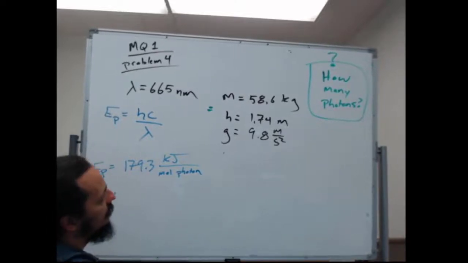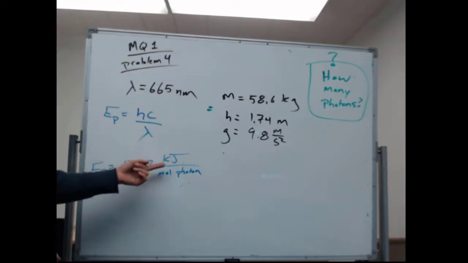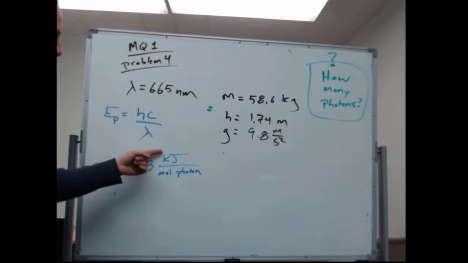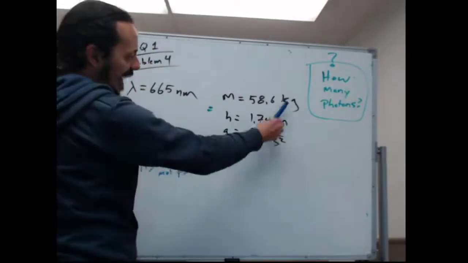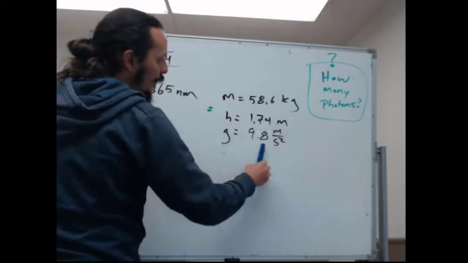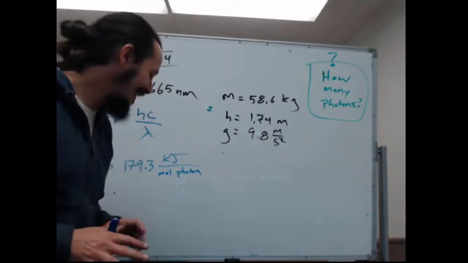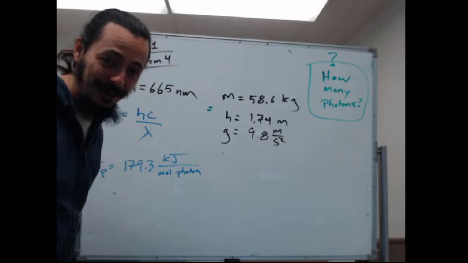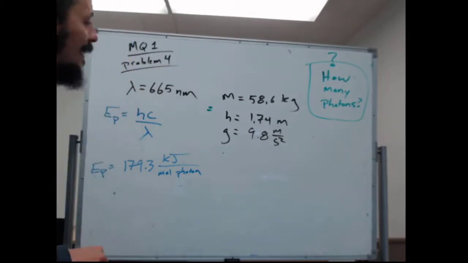Now, I want to figure out how many moles. I get 179 kilojoules of energy for every mole. How many moles of photons would it take to move this mass by this amount? Okay, a little bit of a side nerd thing for a moment. I know you're all nerds because you're at Cal Poly and you're taking chemistry. I'm also a nerd.